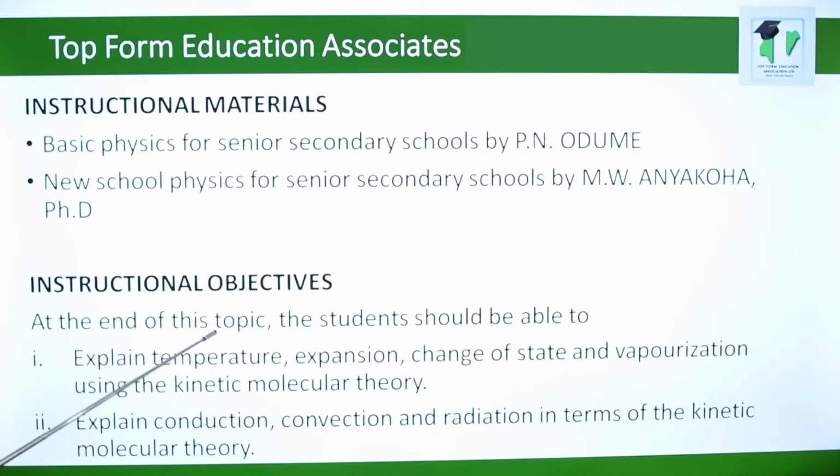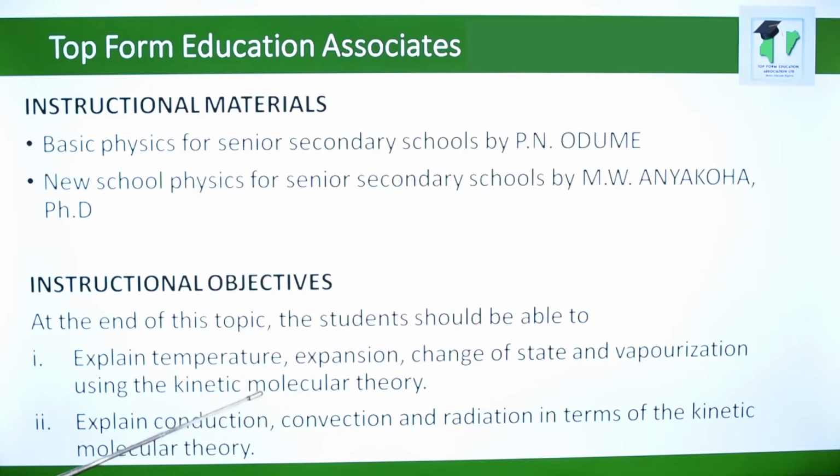At the end of this topic, the students should be able to: one, explain temperature. These are the things you'll be able to explain after you finish studying this topic. Number one, you explain temperature. Two, explain the terms expansion, change of state and vaporization, using kinetic molecular theory.